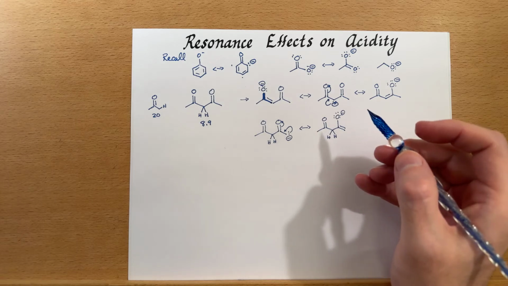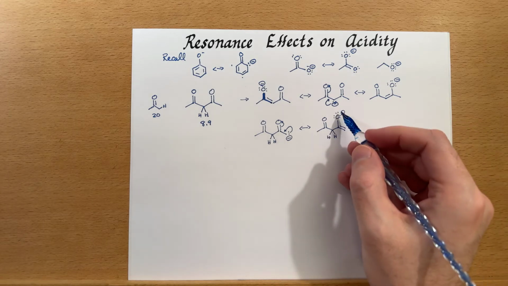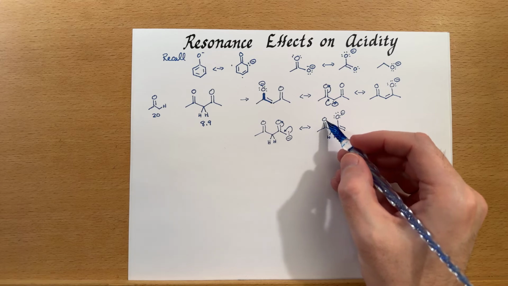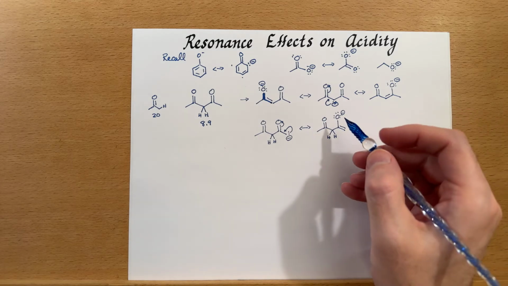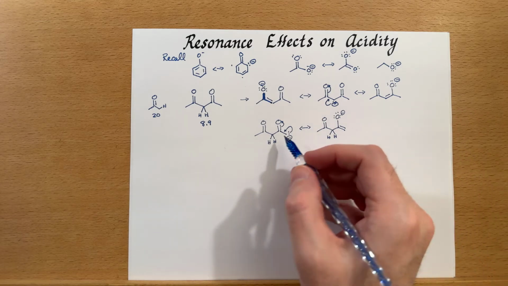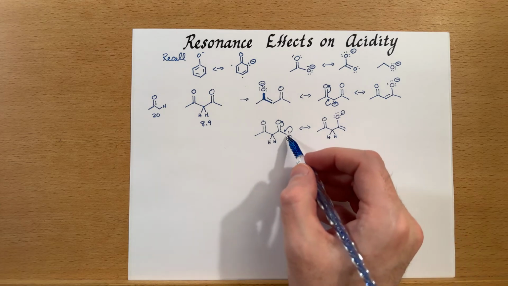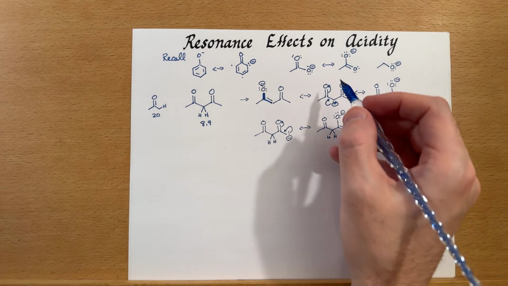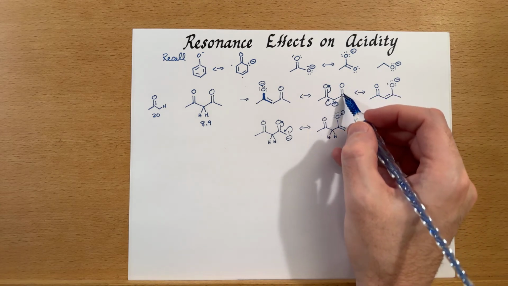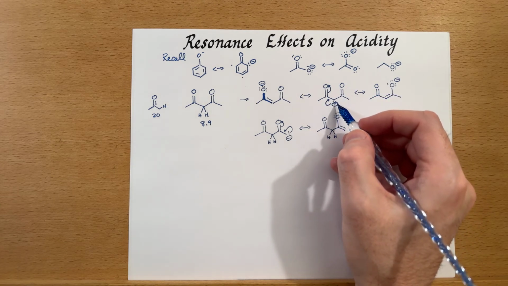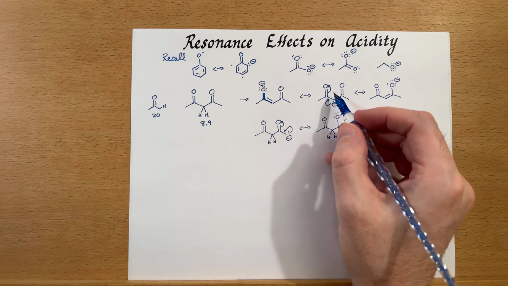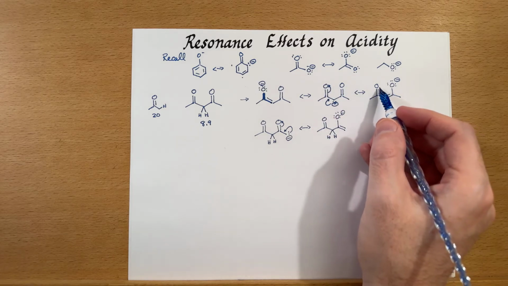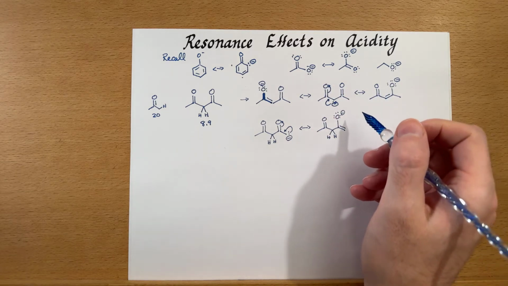So it's not possible to move this charge over to the other oxygen. So that's one of the reasons why this is significantly less acidic in this position, and why when we have it in between these 2 carbonyls, it's much more acidic because we can share the negative charge over more than one oxygen.